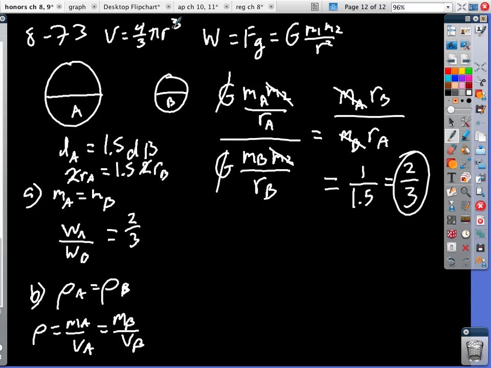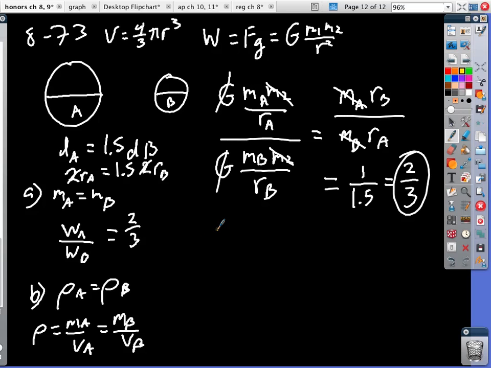So I'll go ahead and do this one in yellow. What we're looking for is the mass of B in terms of A, so that we can go ahead and solve this.